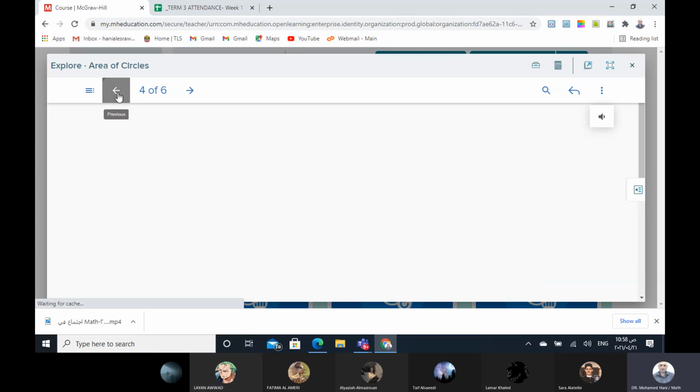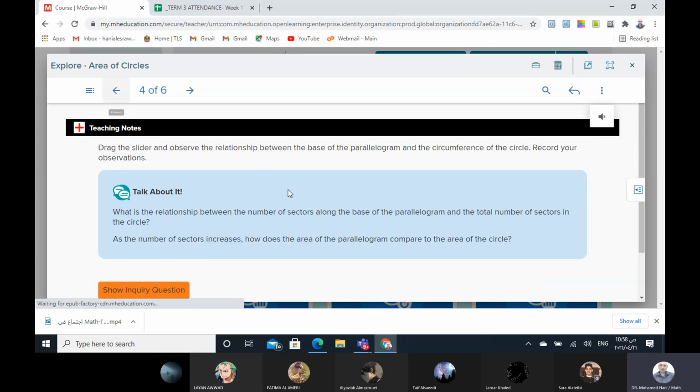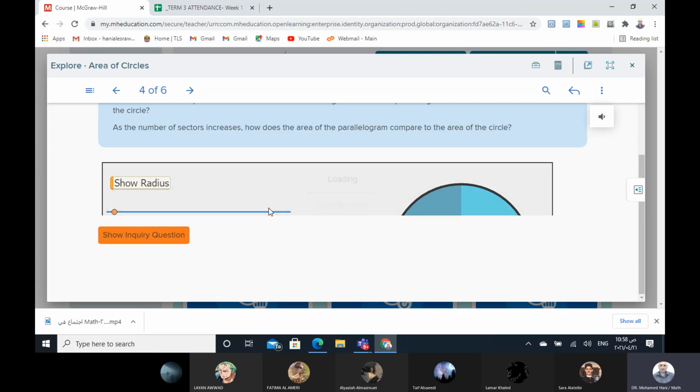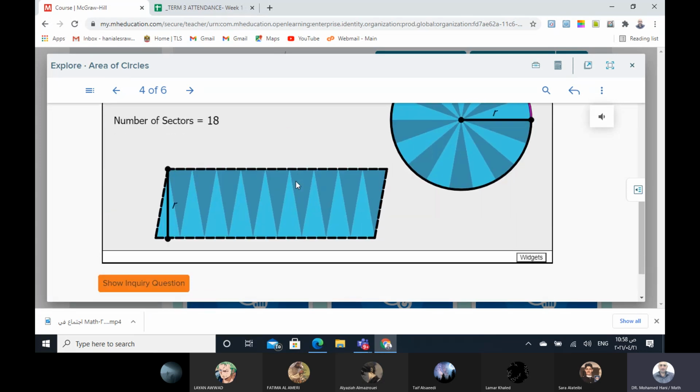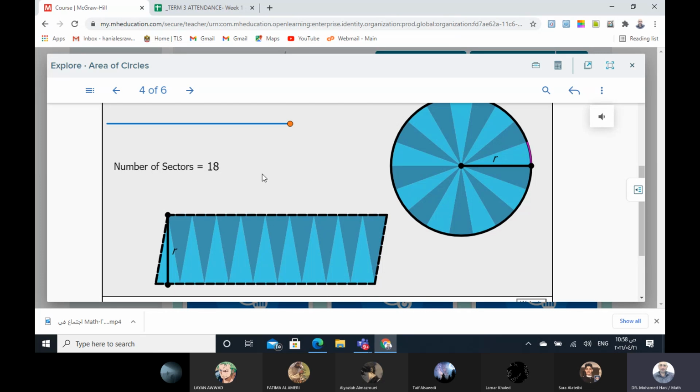Let me go back here. And here the base, and here we have the top. The base and the top, we will get what? The whole circumference.